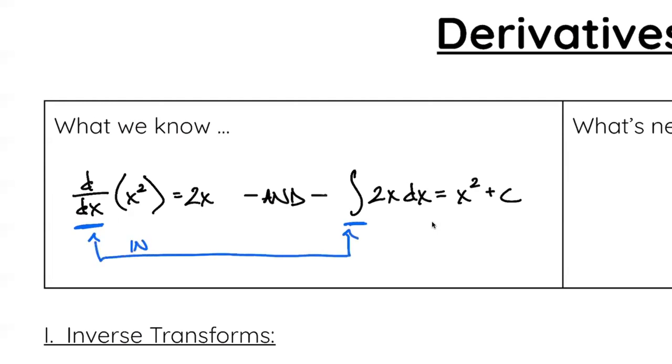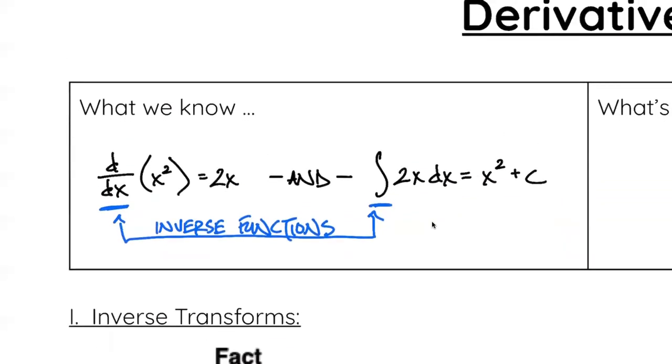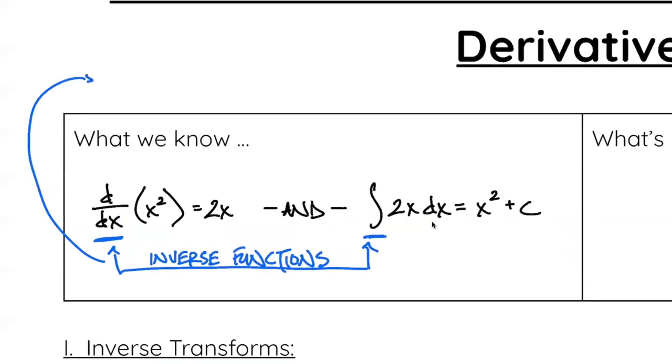And so the important structure here is that derivatives and integrals are what we call inverse functions. And we know a bunch of other inverse functions. Like if you think back to your very early math days, you might remember when you learned how to add and then you also learned how to subtract.